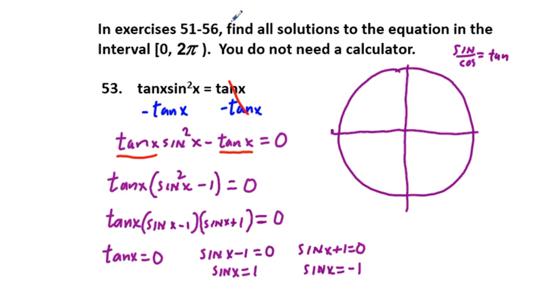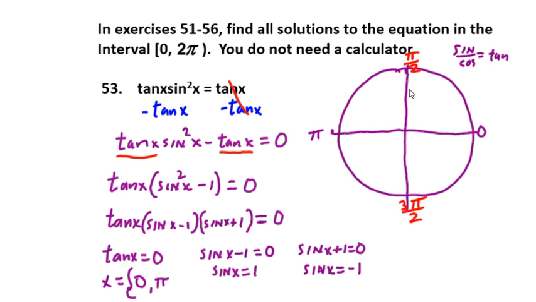So tangent is going to be equal to 0 at x equals 0 and at pi. Now sine x equals 1 where? Up here at pi over 2, and sine x equals negative 1 down here at 3 pi over 2.